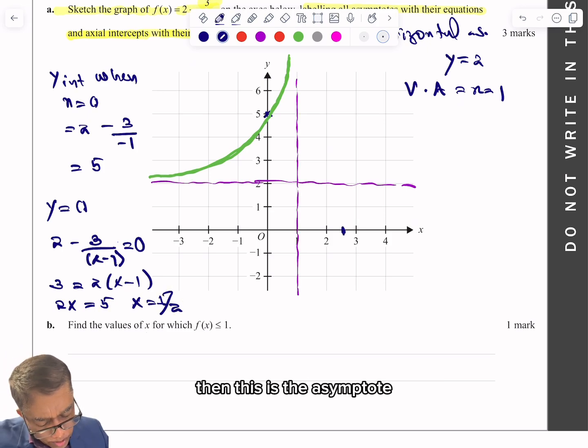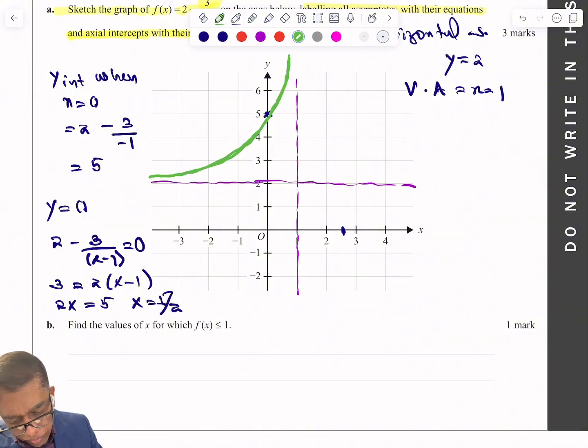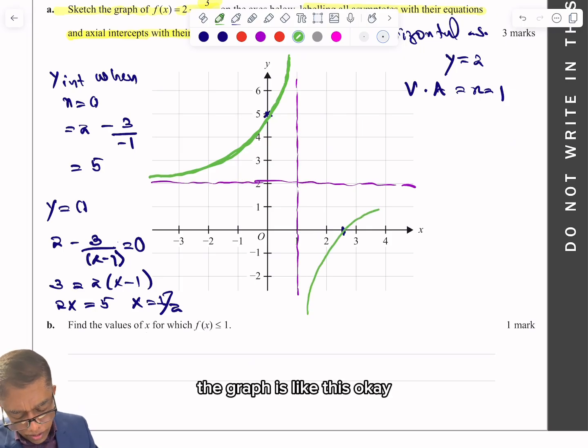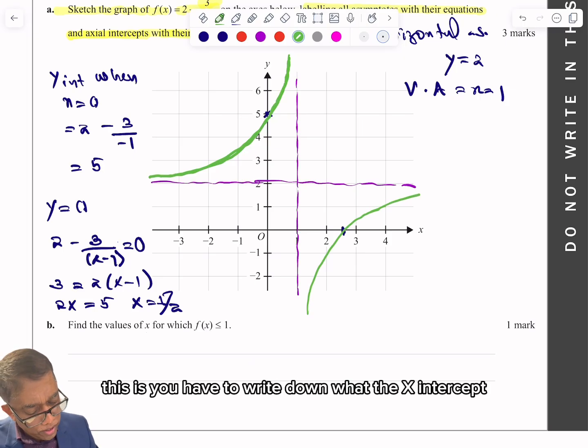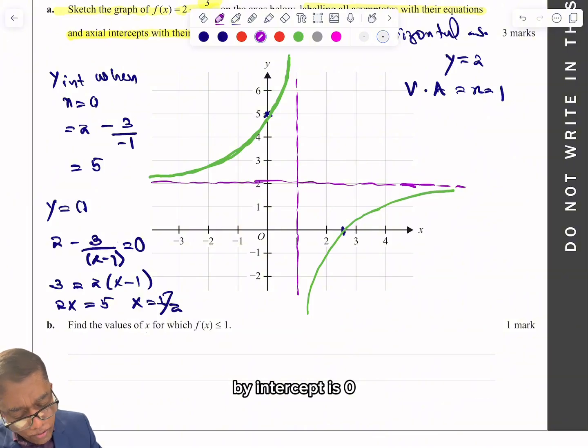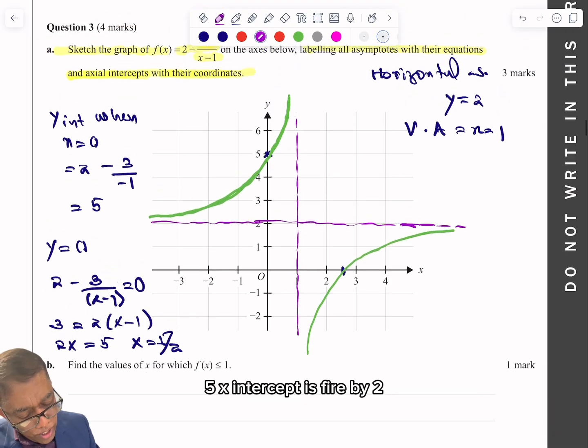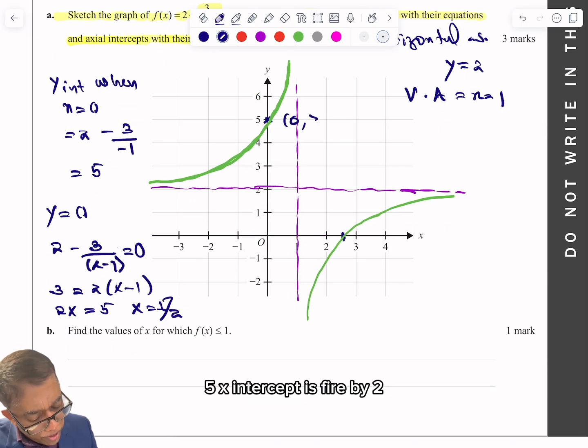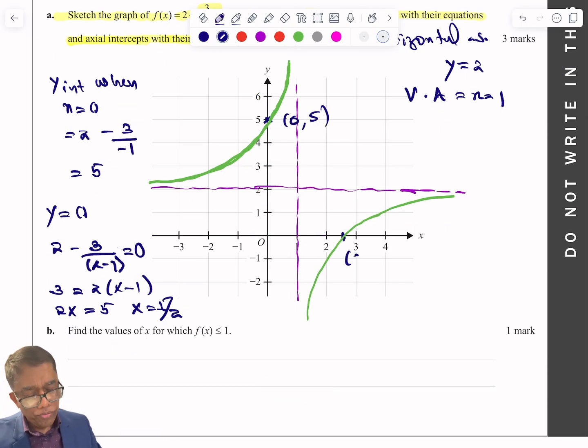Then this is the asymptote. The graph is like this. Okay. We have to write down the intercepts: the y-intercept is (0, 5). The x-intercept is (5/2, 0).